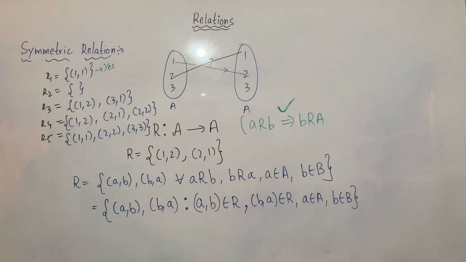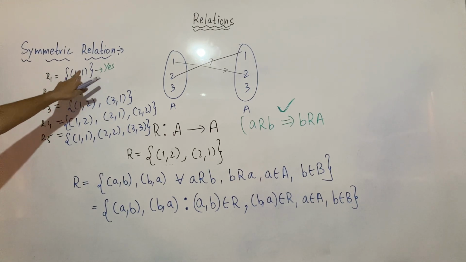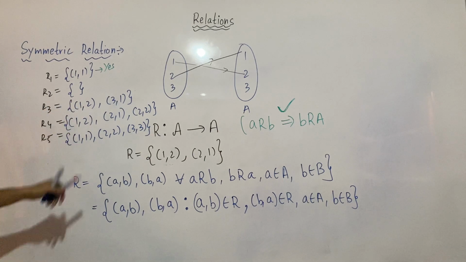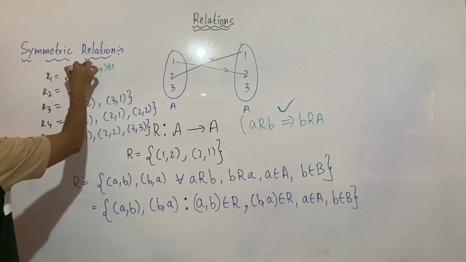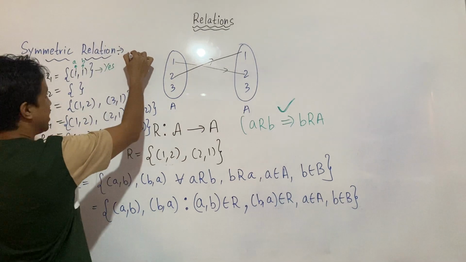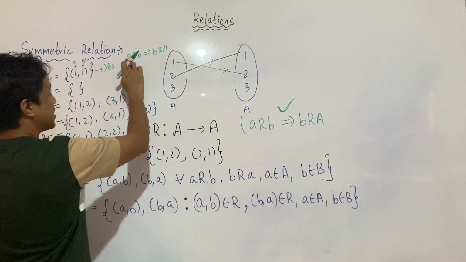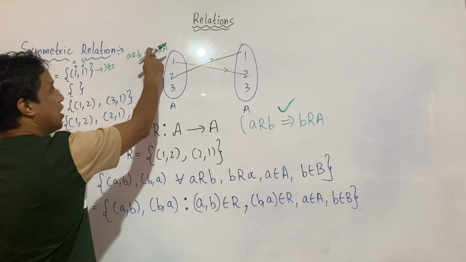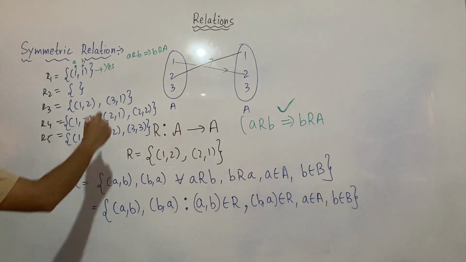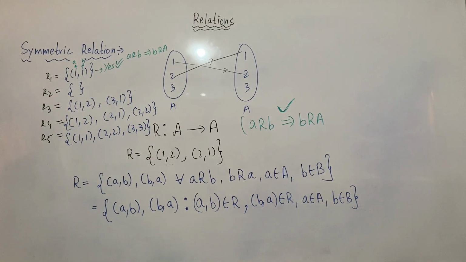Because if you look at this relation, A is related to B. If this is A, this is B, then B is also related to A. For all A related to B, we have B related to A. It means that if 1 is related to 1, then 1 is also related to 1. So yes, this is going to be the symmetric relation.